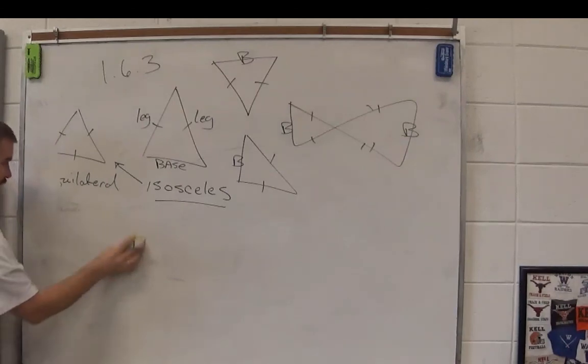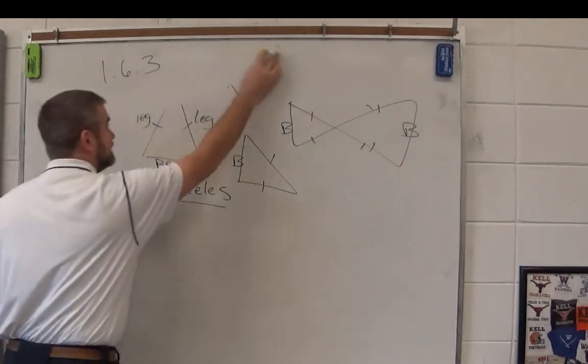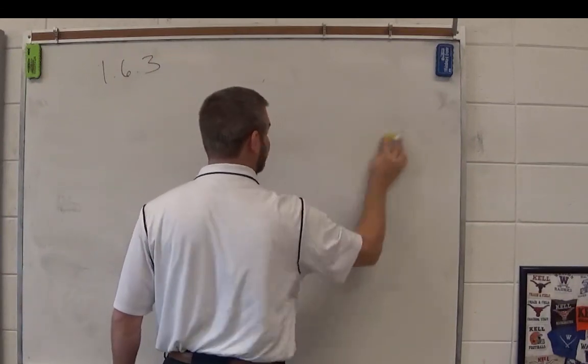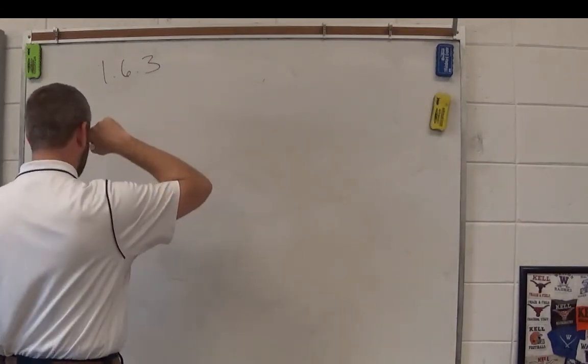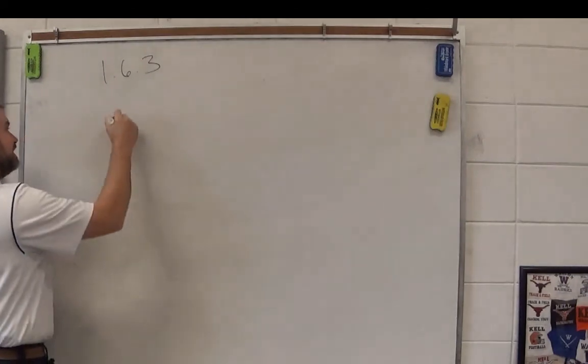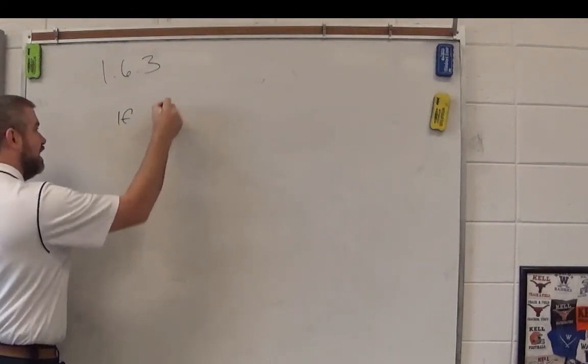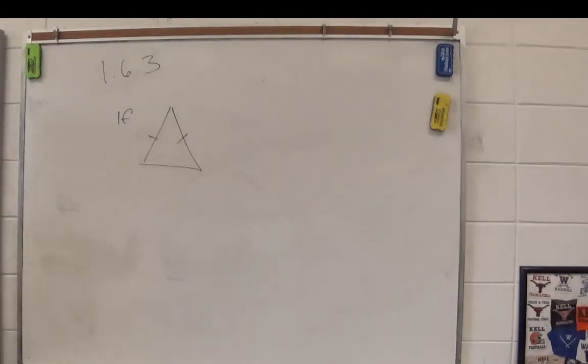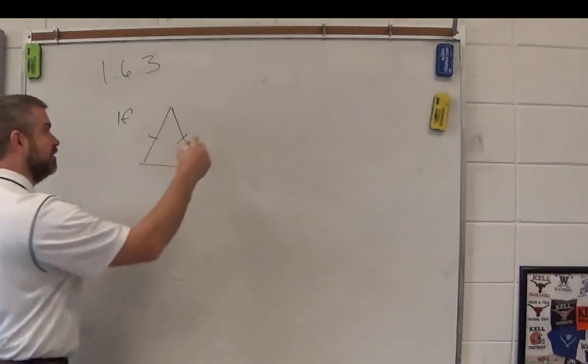All right, so the base angle theorem has a hypothesis and a conclusion, just like all theorems. I'm going to do it in pictures because I think that's the easiest way for you to understand. If this is true, meaning if we have an isosceles triangle, then what is the conclusion?